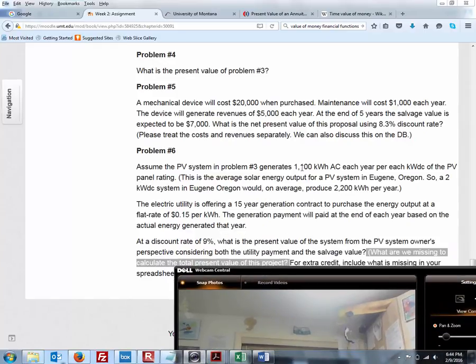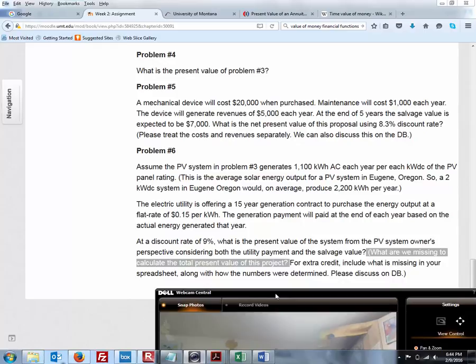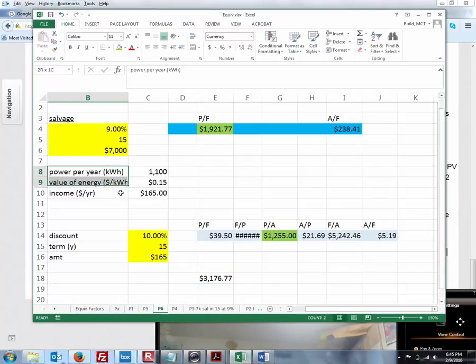Again, this is a big assumption. We're going to make 1,100 kilowatt hours per year. We're going to run it for 15 years at 15 cents per kilowatt hour. We popped all that in right here. So we're going to make $165 a year.